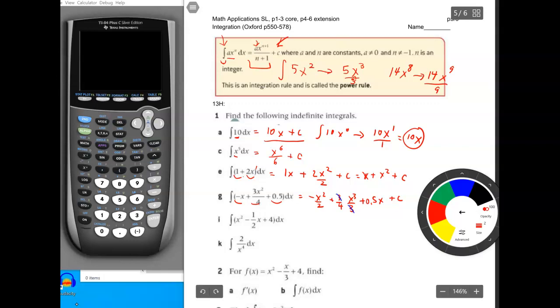Okay. Next one, the integral or antiderivative of x squared minus 1/2 x plus 4 is equal to x cubed divided by 3. That's the antiderivative of x squared. And then the antiderivative of negative 1/2 x would be, the negative 1/2 just stays here, it's the coefficient.